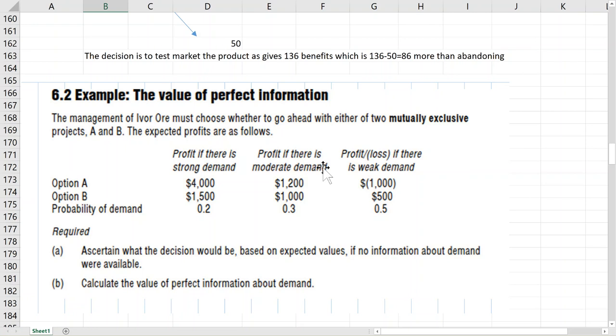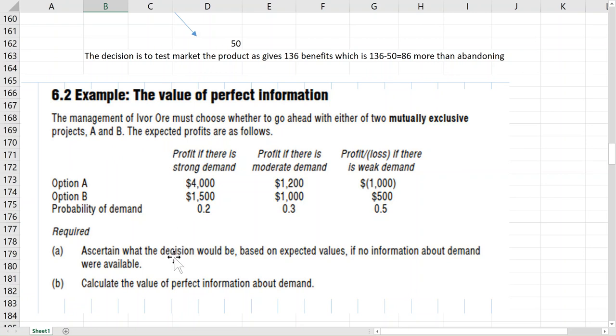If we want to spend money on information to be collected, what is the maximum amount that we will spend on it? So we have two decisions here. First, we will look at it without the perfect information, and then we will look at it with perfect information.